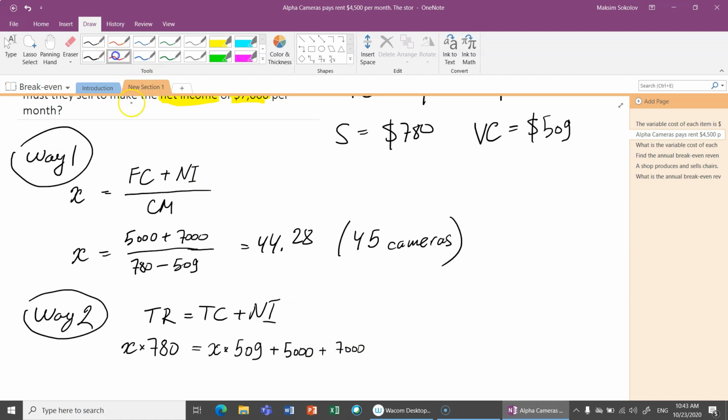And again, just for training purposes, I'll let you know that X times 509 is total variable cost, right? So this total variable cost plus fixed cost is your total cost. So this is net income, and this is here total revenue.